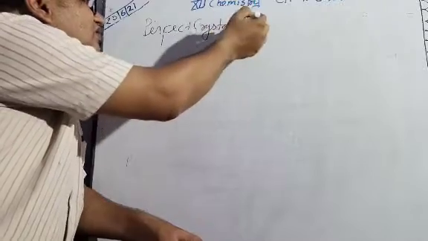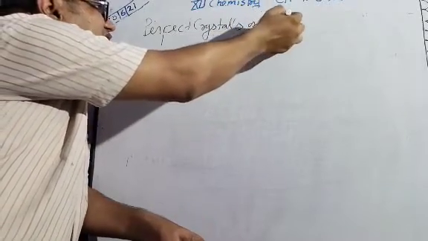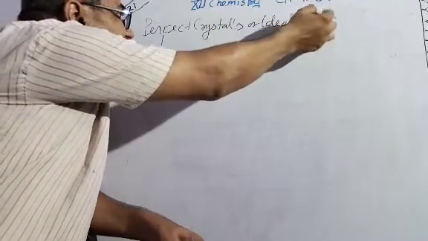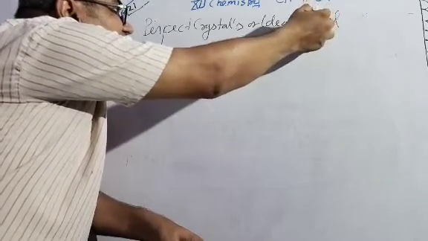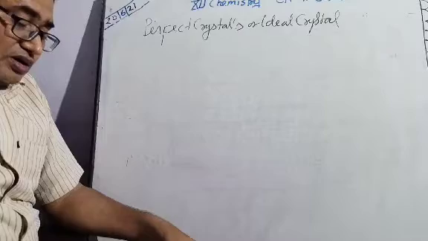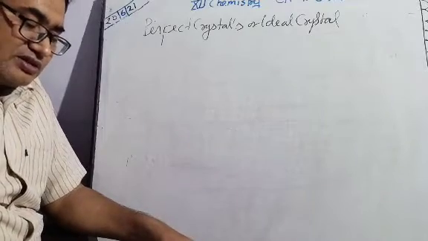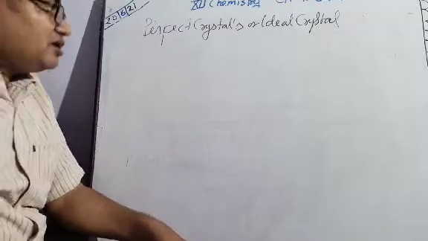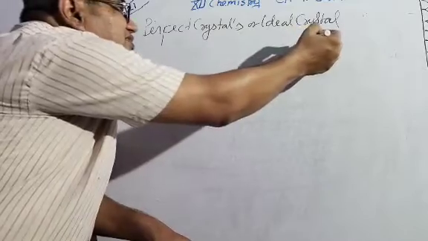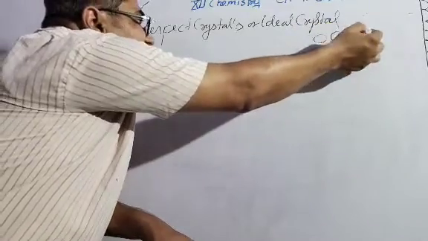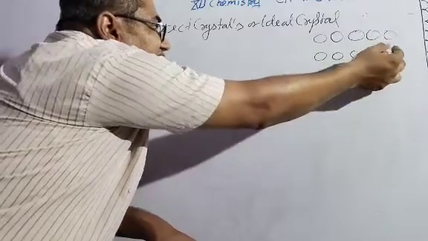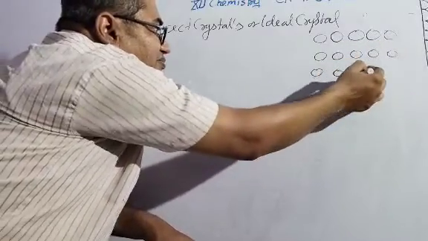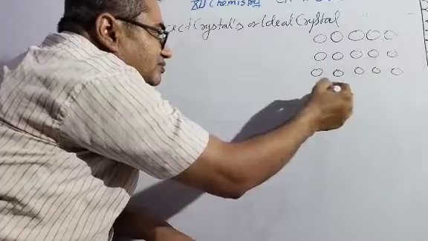Ideal crystal. Okay. So ideal crystal means if we make this kind of crystal, in this crystal we observe all atoms and ions are present in a proper or regular manner.